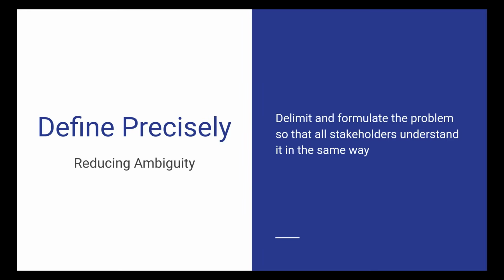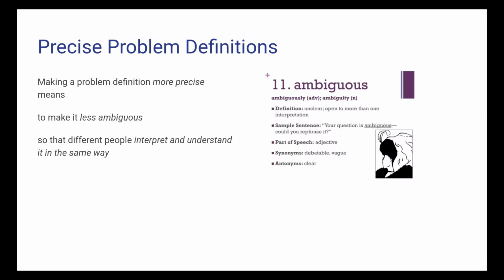The sub-activity define precisely is about reducing ambiguity. It's about delimiting and formulating the problem so that all stakeholders understand it in the same way. Making a problem definition more precise is about making it less ambiguous so that people understand and interpret it in the same way.